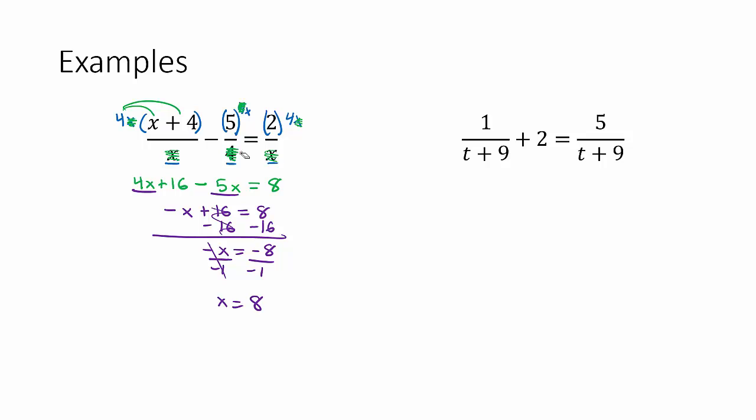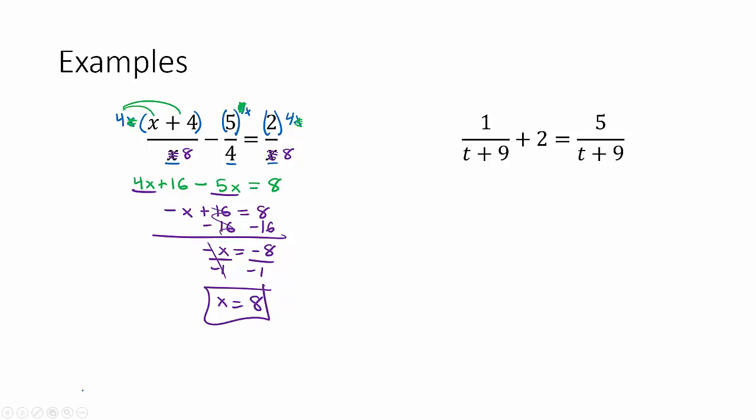Now, if I take a look back at my original denominators, if x was 8, would that make any of my denominators 0? Nope, my denominators are 8 and 4. That works. So x, my variable, must be 8.